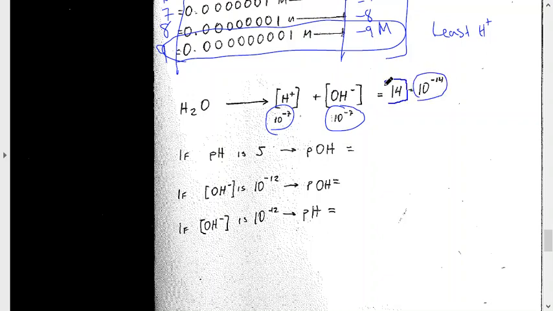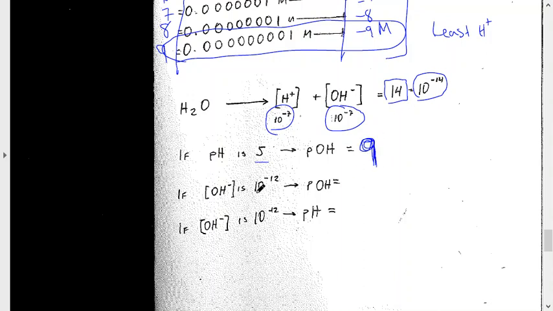Whenever you add these up, you're always going to total up to 14. So if the pH of a solution is 5, the pOH, the concentration of hydroxyl, OH, I can add to 14, is 9, right?